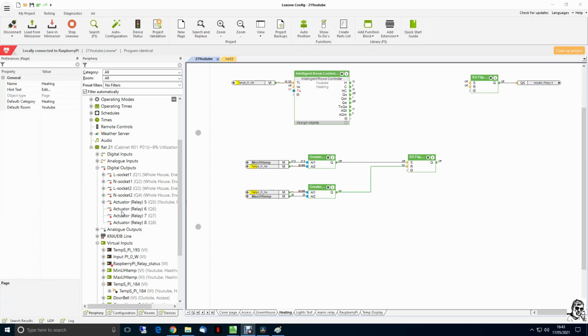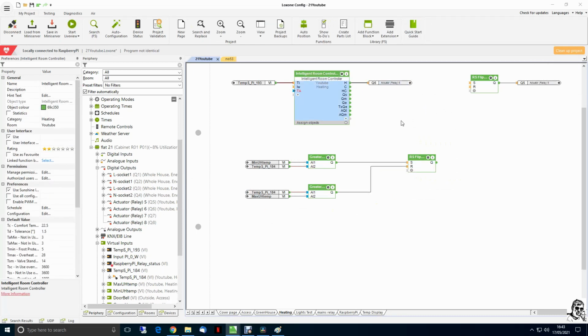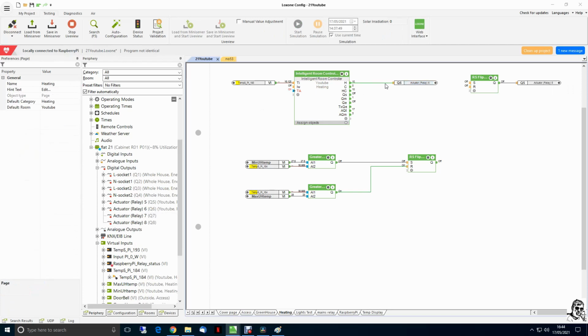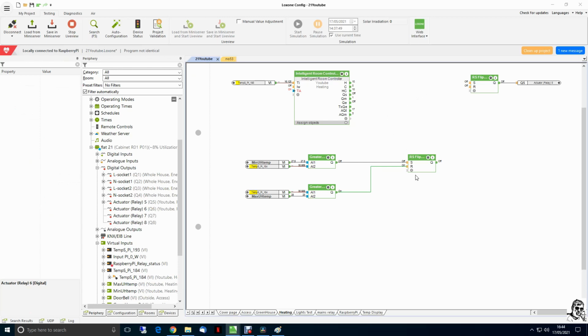You can't just take an output relay and connect it like this. It does not work, because you will have an analog signal and you need a digital one. In our situation, to make it easy for us, we will use another greater or equal, F5.